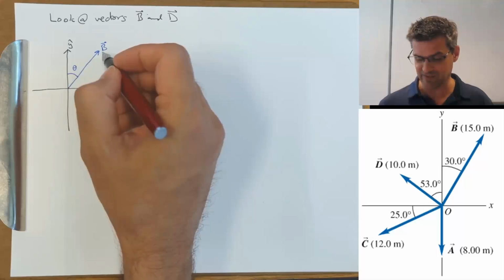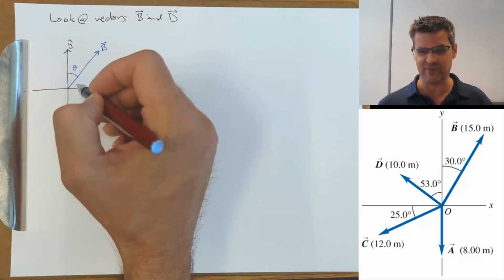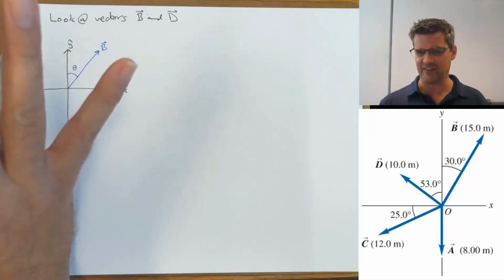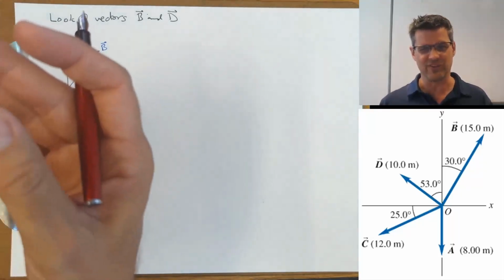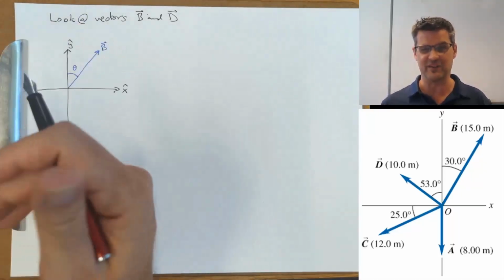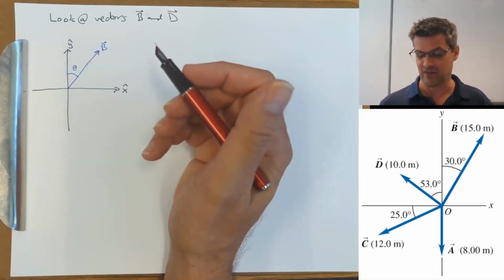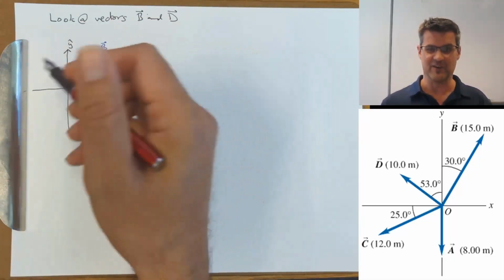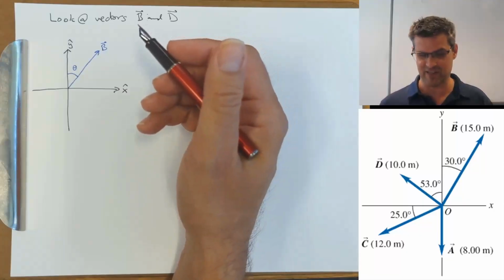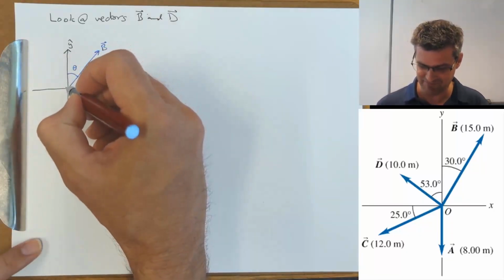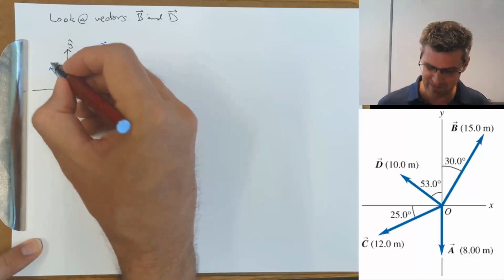B has a length of 15, theta has a magnitude of 30 degrees, but I don't want to worry about that yet. The way we work with these vectors is no different if B had been 12 and theta had been 20 degrees. All of the trigonometry should work the same. The way we add things together should work the same. Nothing should be different. So let's not make anything harder than it needs to be.